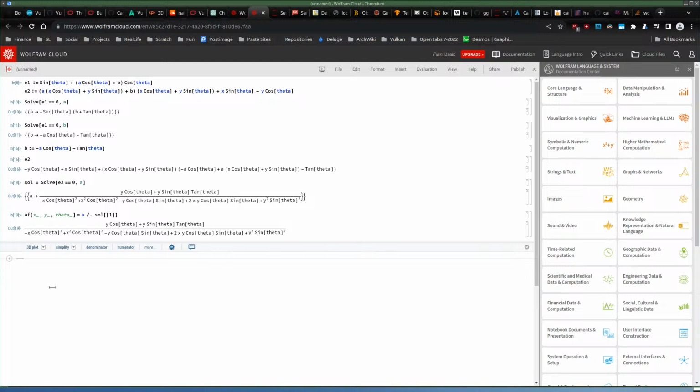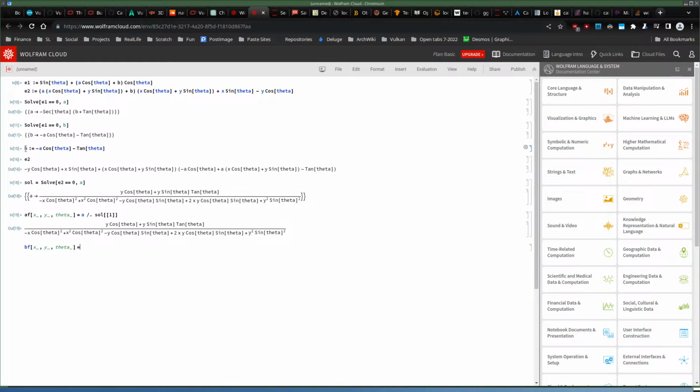Now I define a b function, which should also be a function of x and y and theta, and equal to, let's skip this one.